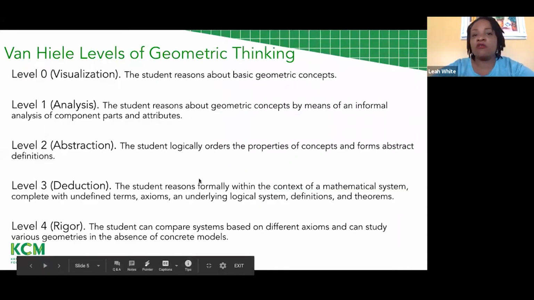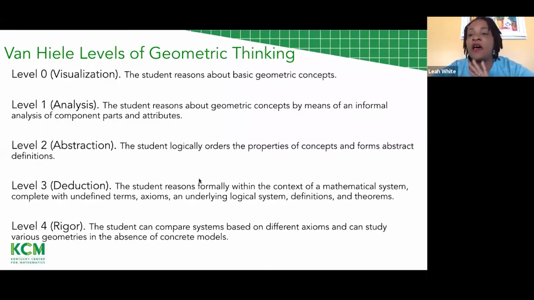So the Van Hiele levels of geometric thinking. I know you've heard about this and we've had some great readings in reference to this, but today I want to talk particularly about level 2 and level 3, because these are the levels that students are at when they're doing geometry that's involved with high school geometry in particular.